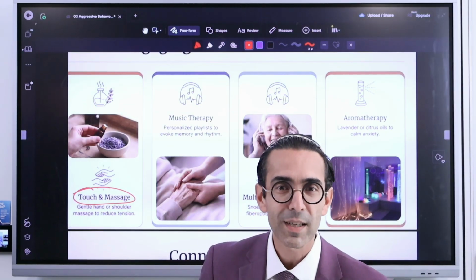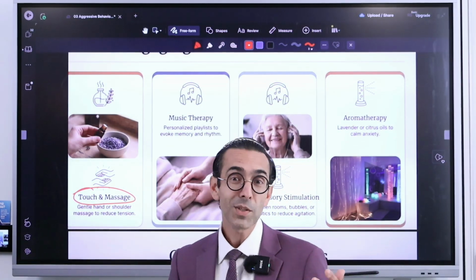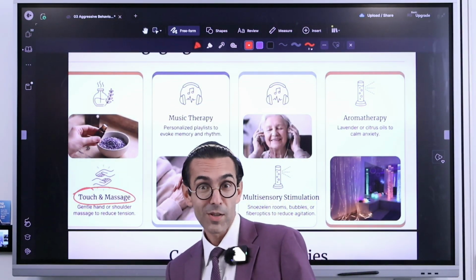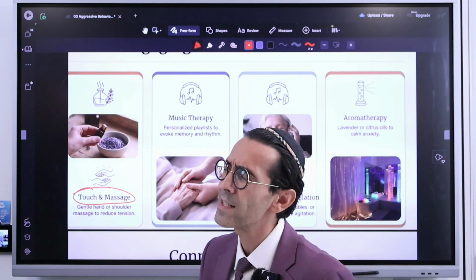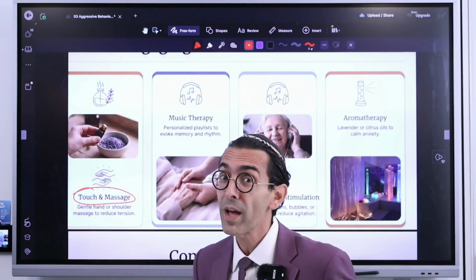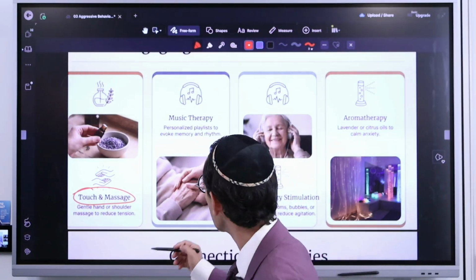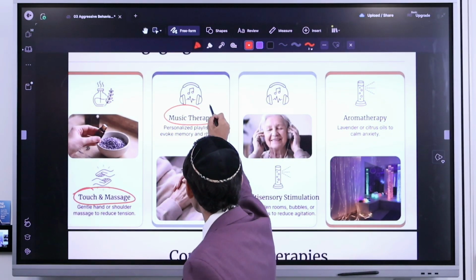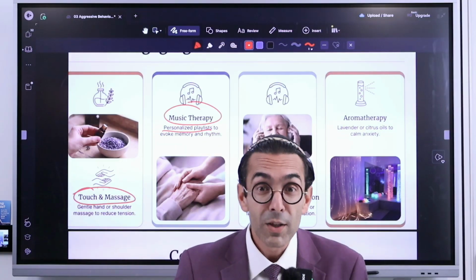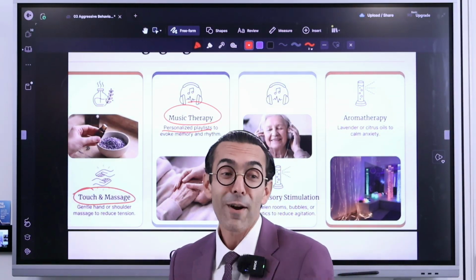Music therapy, right? Dad grew up on Frank Sinatra. Fly me to the moon and let me play among the stars. You put that song on and Dad's listening, smiling, and loving it. And 5 minutes before that, he was agitated. What did you do? Music therapy. And a personalized playlist. You're not going to play Tupac and Biggie to your dad who loved Tony Bennett and Frank Sinatra.